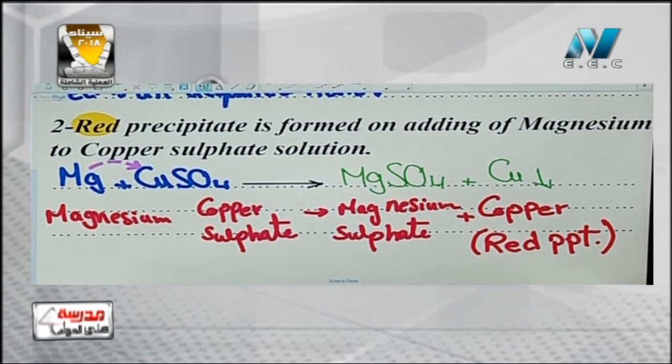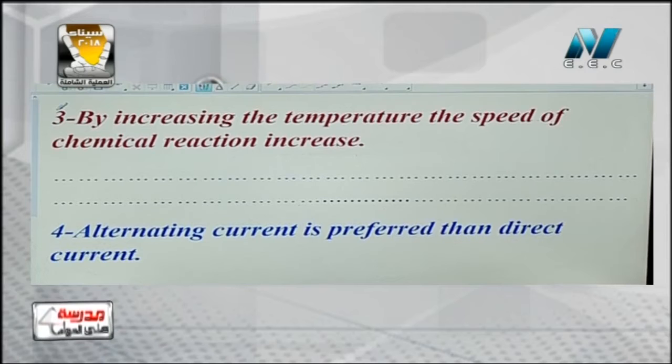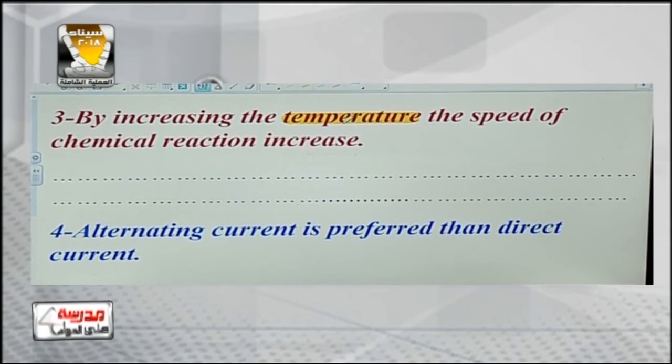Next question is, by increasing the temperature, the speed of chemical reaction increases. Again, by increasing temperature. So here, dear students, we should remember, لازم نفتكر مع بعض. By increasing temperature, by increasing the concentration, by increasing the surface area as powder مثلا, or fillings اللي هو البرادة يعني الباودر. تمام؟ يبقى لو قال لي increasing temperature أو increasing concentration أو increasing the surface area, we have only one answer.